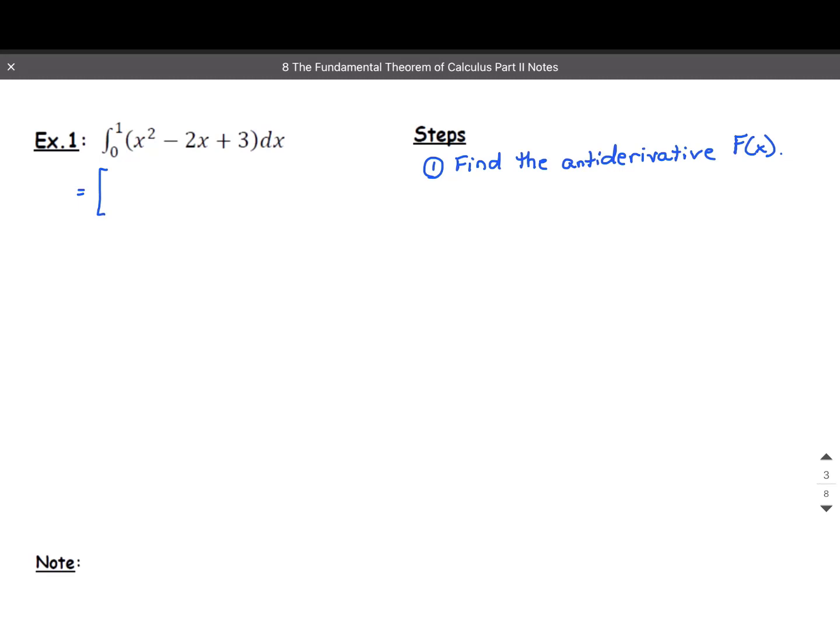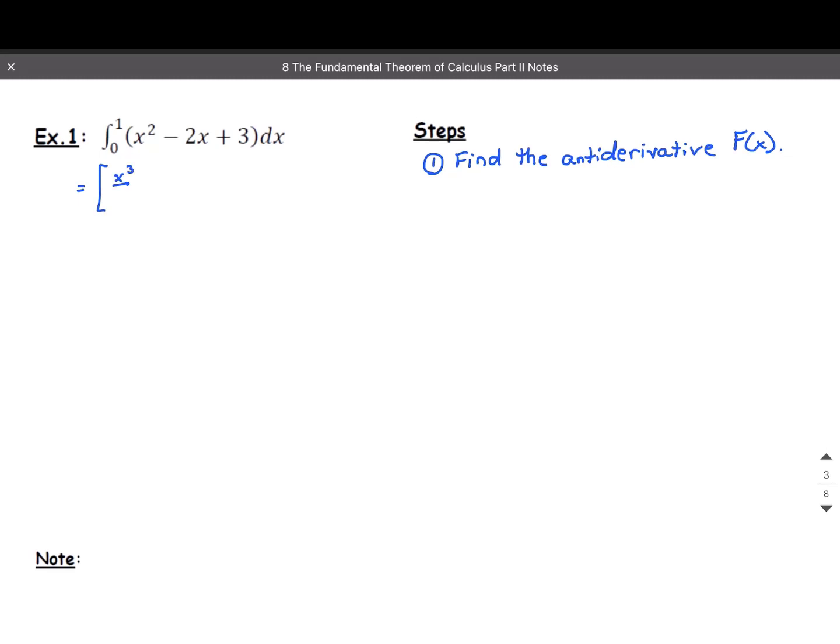The antiderivative of x squared is x to the third divided by 3 minus the antiderivative of 2x would be x squared plus the antiderivative of 3 is 3x plus, we always put a constant on our antiderivatives, right? And then notice now this is a straight up and down line, such that the x's are evaluated from 0 to 1 because we're still on that integral. That's our "such that." That's how we're going to know we're going to plug in.